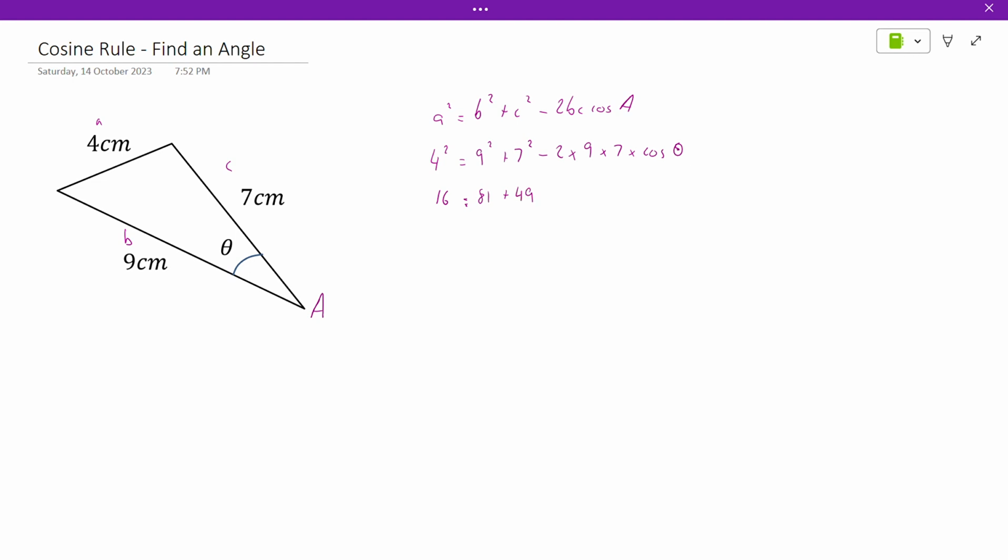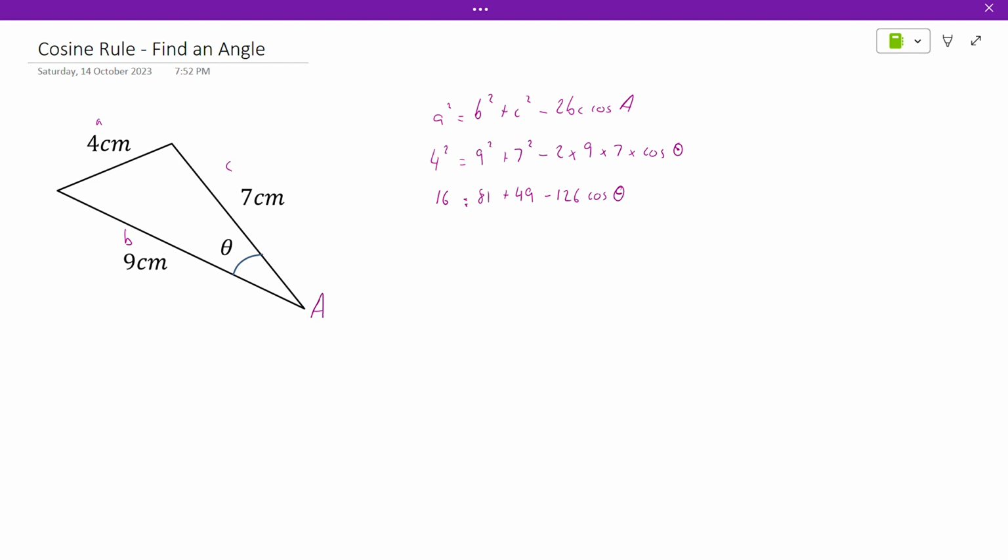Negative 2 times 9 times 7 is negative 126 times cos of theta. Again, important to remember that the negative 126 is attached to the cos theta. So let's keep that in mind when we're simplifying the next line.